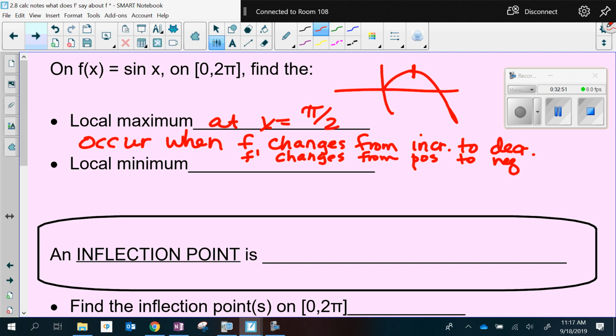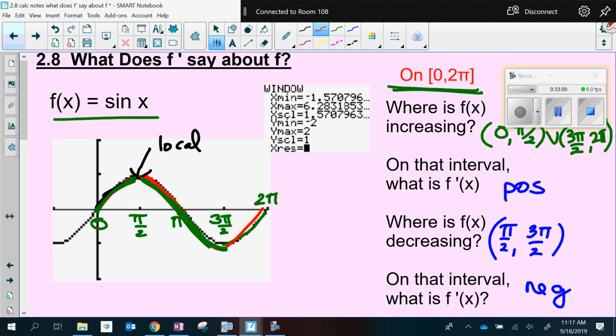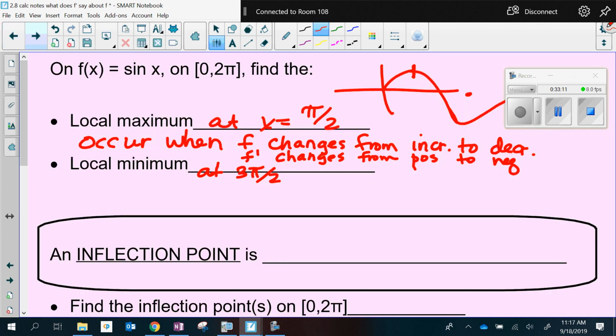What's the local min down here? Where was that at? 3 pi over 2? Isn't that where the local min was? Yeah. What's on this side? Decreasing to increasing.